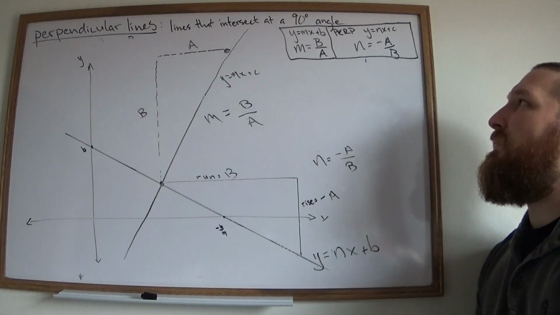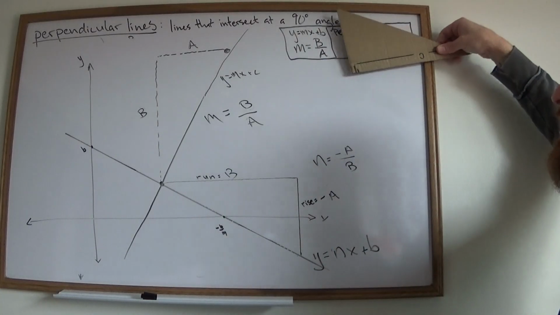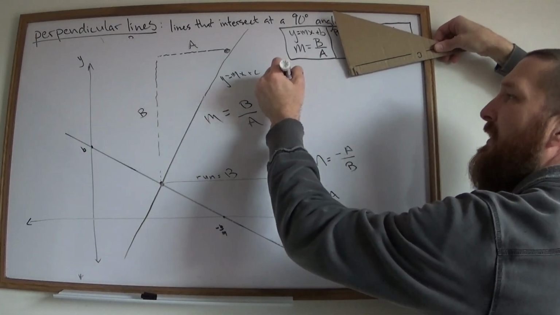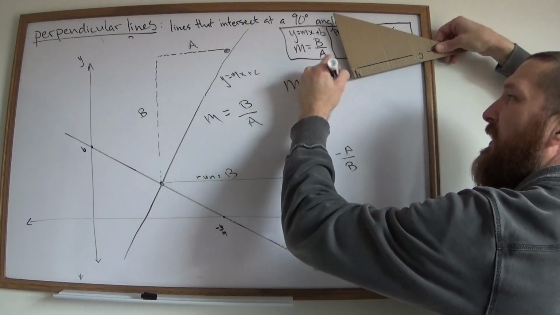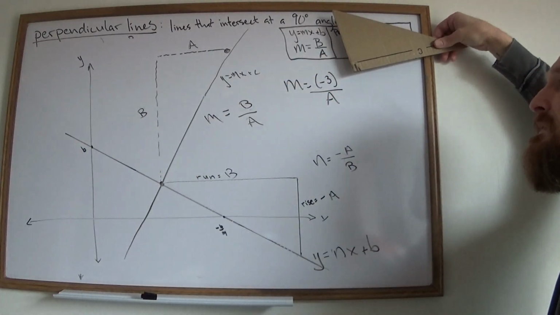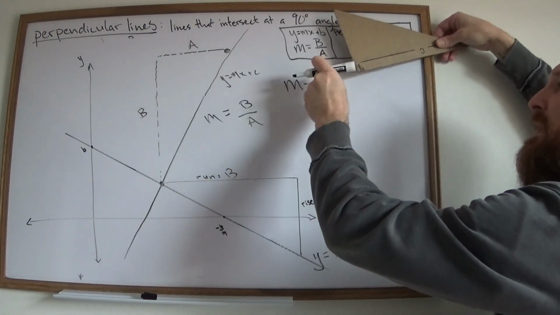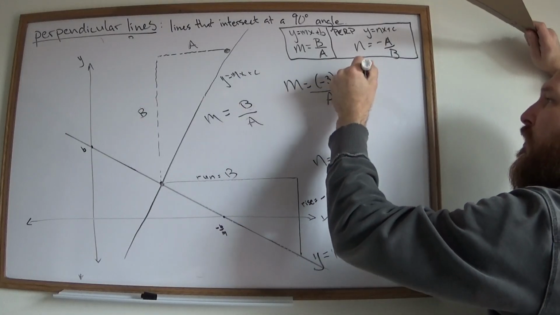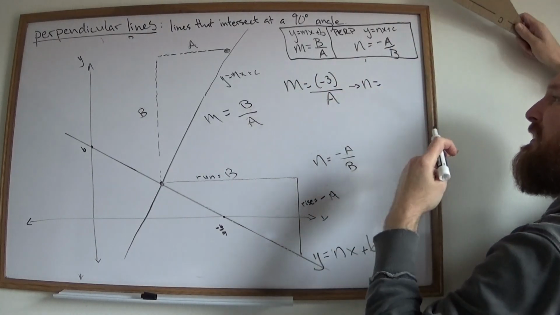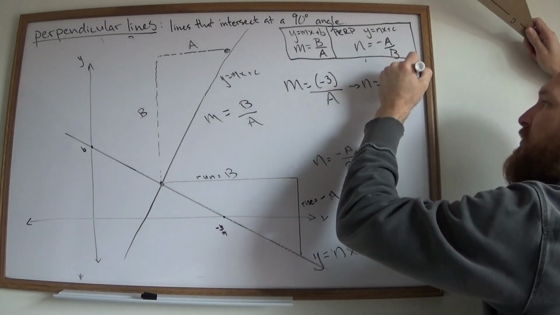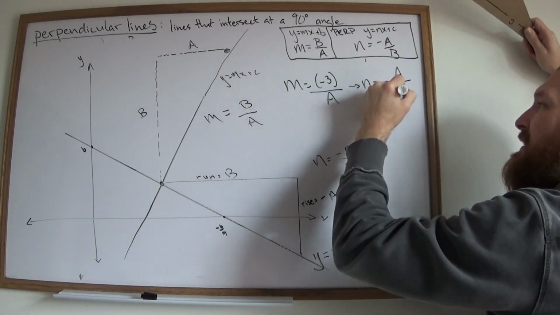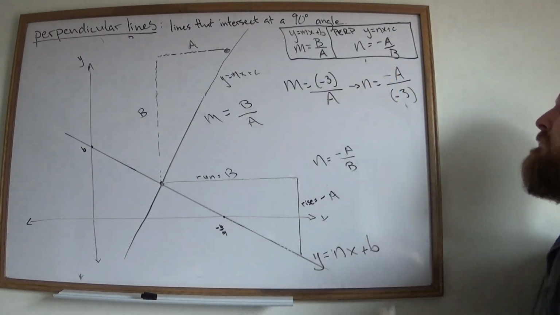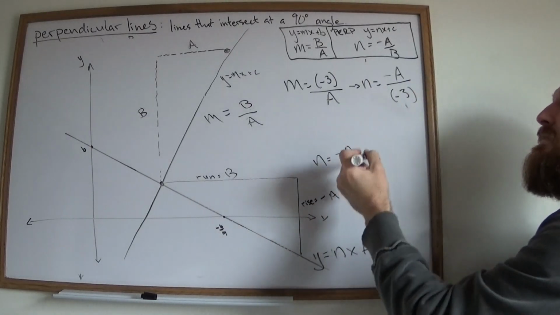But I think a better way of thinking about this is, look at this. Slope is rise over run. If B is a negative number, let's say B were like negative 3 and A is whatever it is, then to make the perpendicular slope, what it says is you flip the A and the B. So the A comes up top, the B goes downstairs, and then it says make the A negative. But a negative negative is a positive.